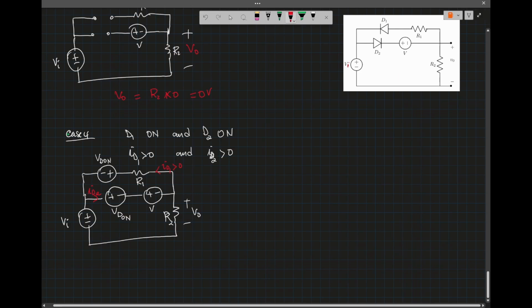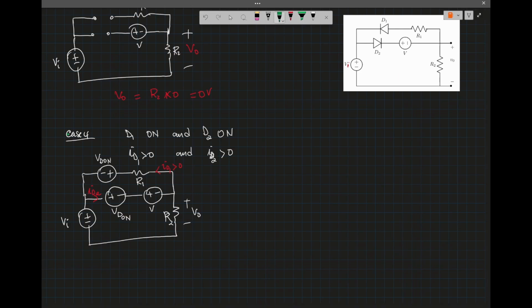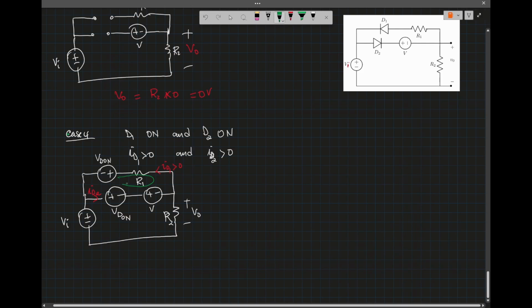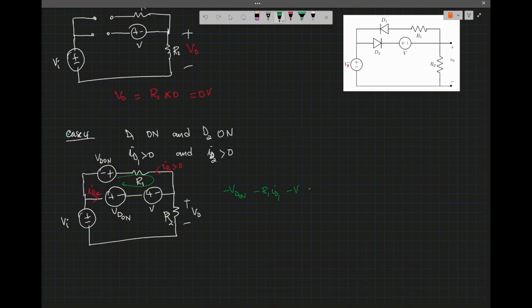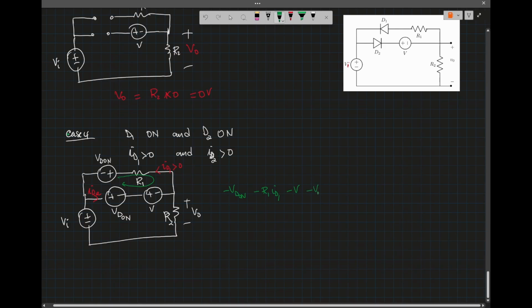So I can write my KVL around this loop. So that gives me minus VD on, starting from the top, minus R1 ID1, minus V, minus VD on, equal to 0.